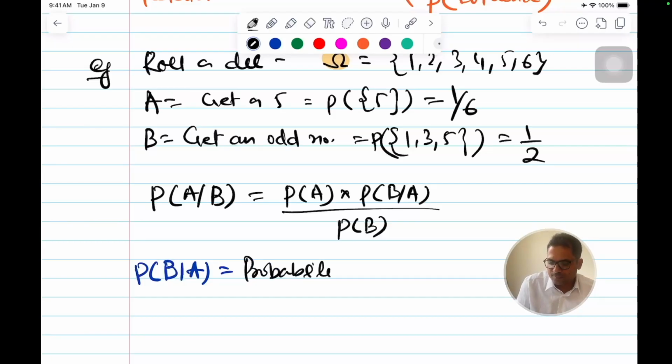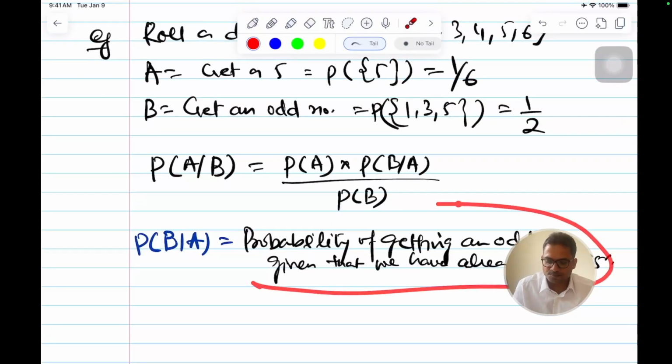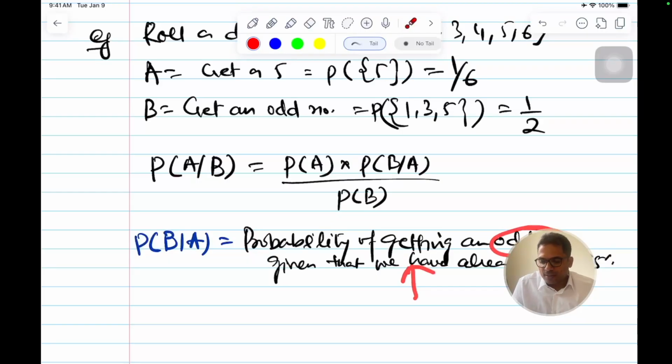Probability of getting an odd number given that we have already got a 5. So what would be this probability, guys? We have already seen a 5, so we have already seen an odd number, right?